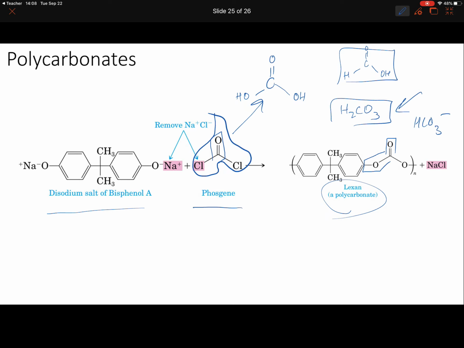So they're showing us a really weird polycarbonate here. Polycarbonates probably look a lot more normal. This polycarbonate is made with a derivative of carbonic acid called phosgene. If we wanted to see a real reaction here, we probably would have started with the actual carbonic acid molecule rather than phosgene.